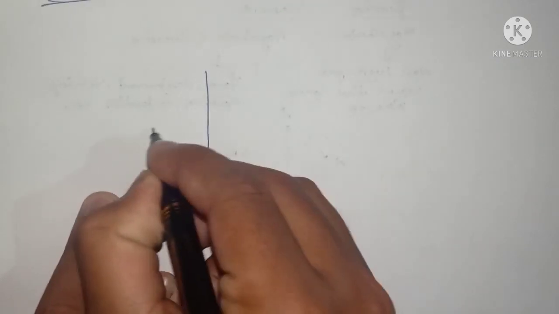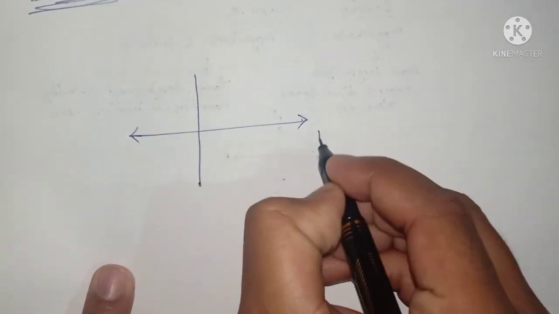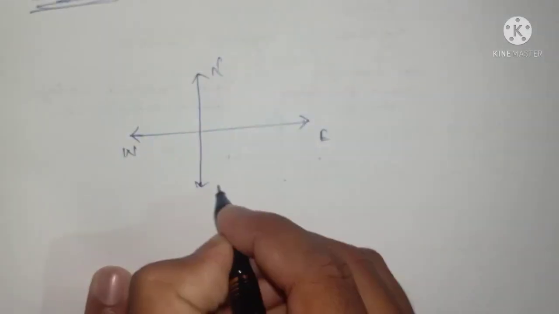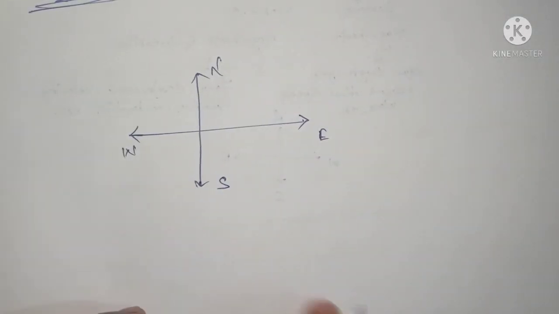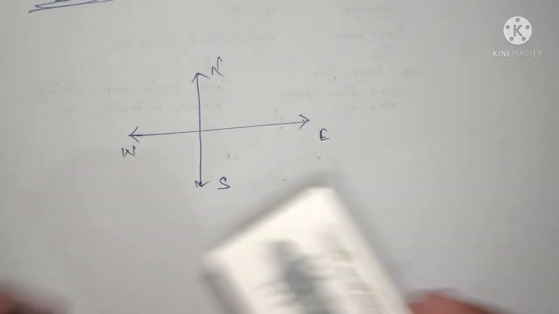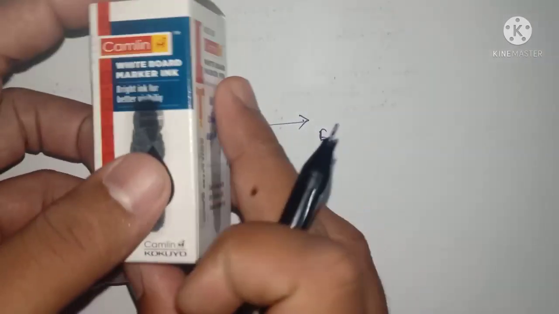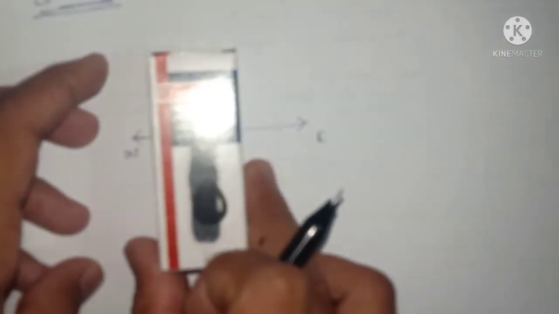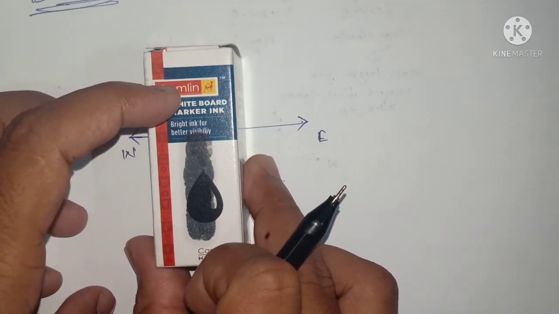And let me show you the vector quantities. For example, here east, west, north and south. I have drawn a direction map. Let us consider this is a constant body. I am placing this.